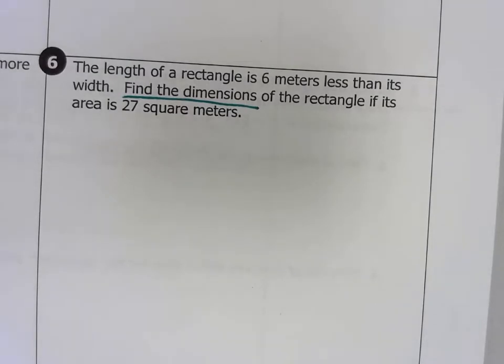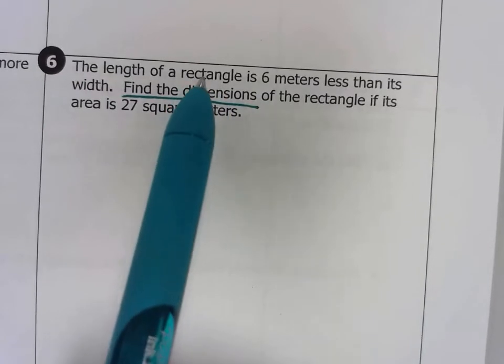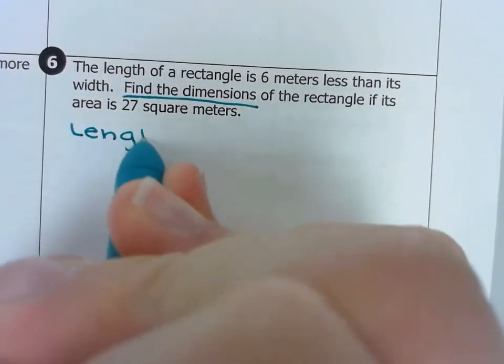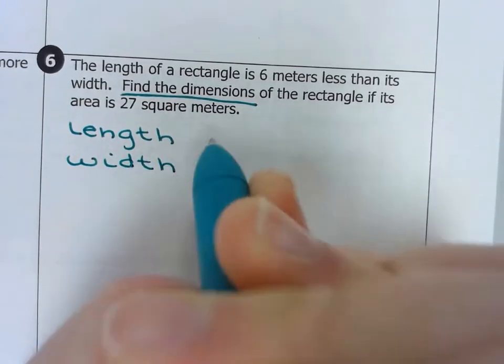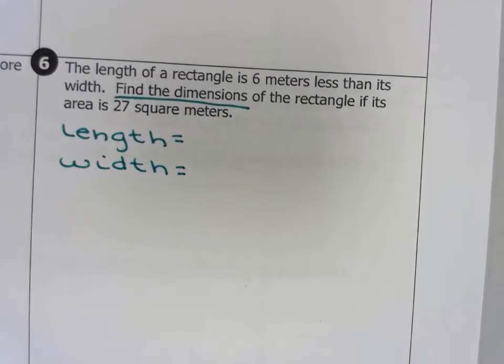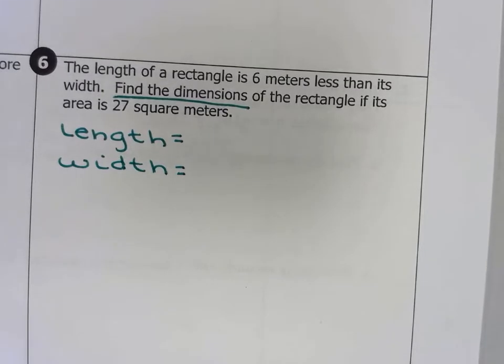I'm still dealing with a rectangle, so I'm going to have the length and the width. They don't give me a diagram, so I don't necessarily know what the length is and what the width is. I have to read and get those.